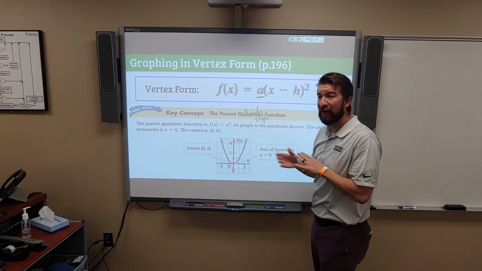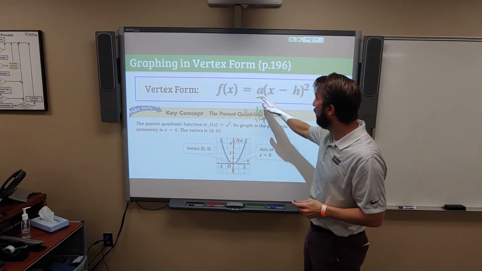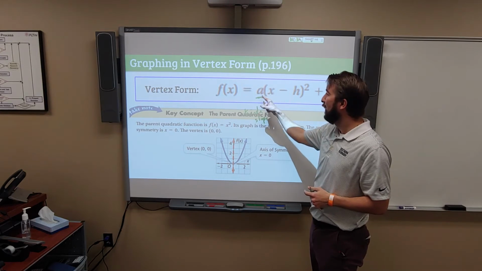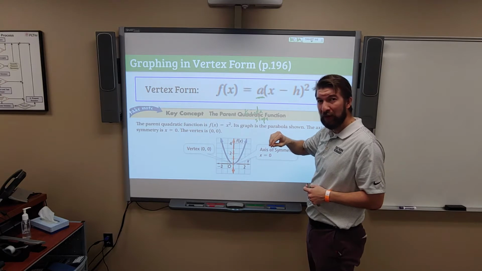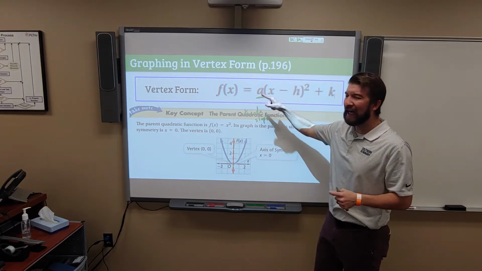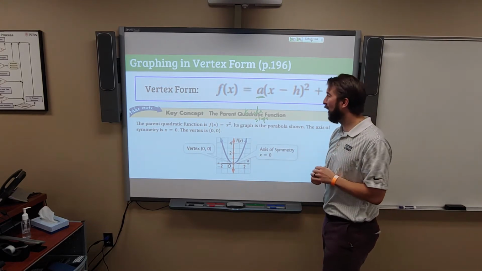Think back to slope-intercept form, y equals mx plus b. The number in front of the x was the slope. Well, with vertex form of quadratics, this A is kind of the slope. It's not exactly, but it helps us know what the graph is going to look like.